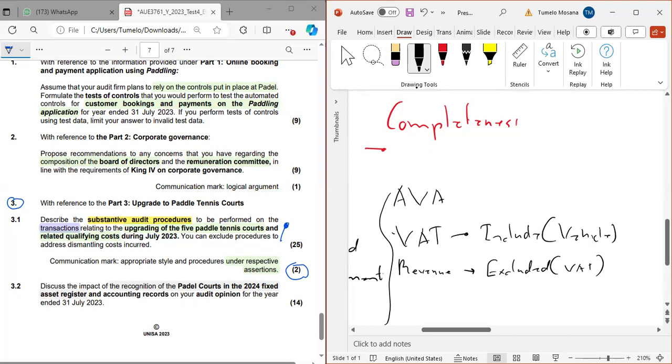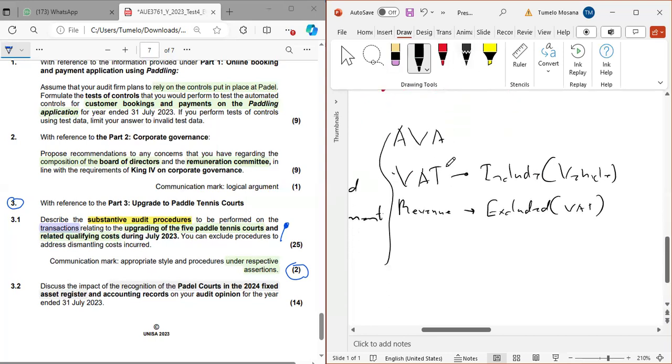So with accuracy and valuation, you want to check that everything has been calculated accurately.